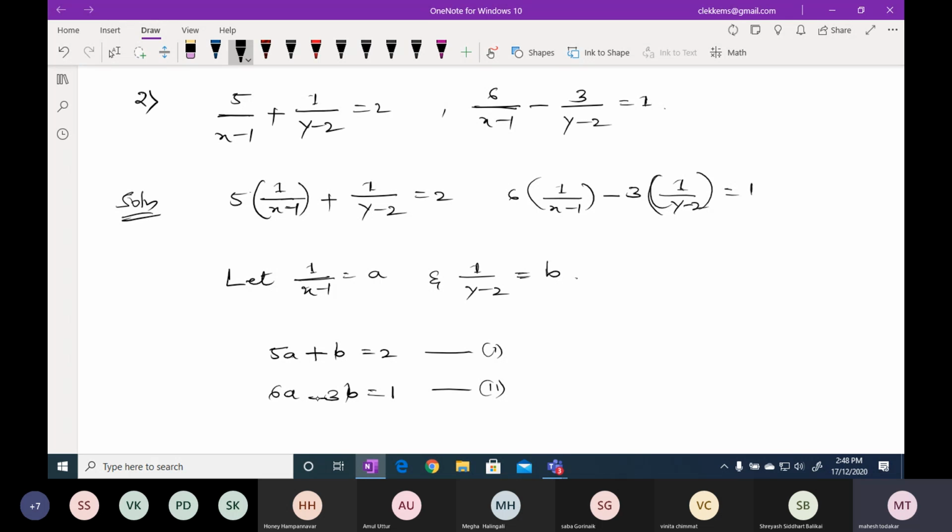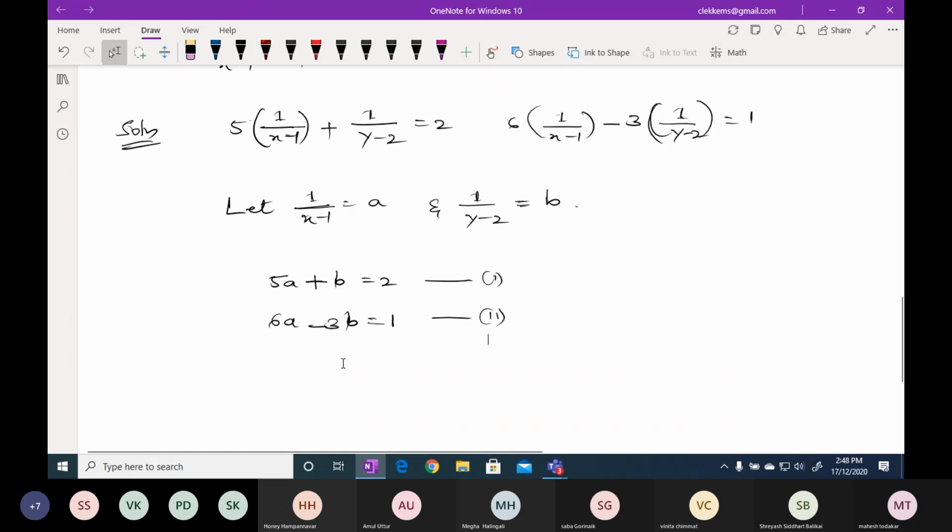Now here minus 3b is there, here only b is there. What do you need to multiply? You need to get the value. Okay. So for this it is minus 3. So for equation 1, how much do you need to multiply? You can multiply equation 1 by 3.